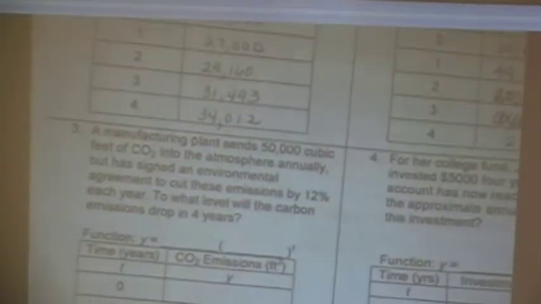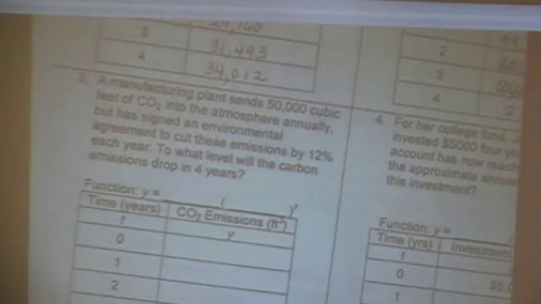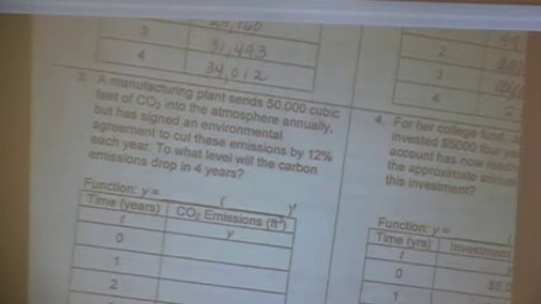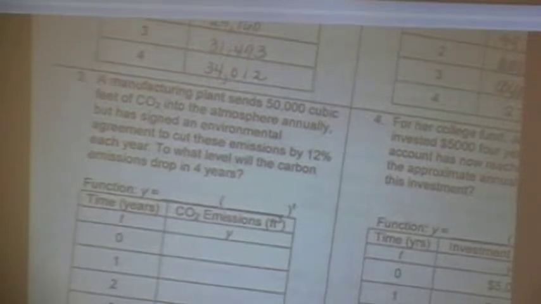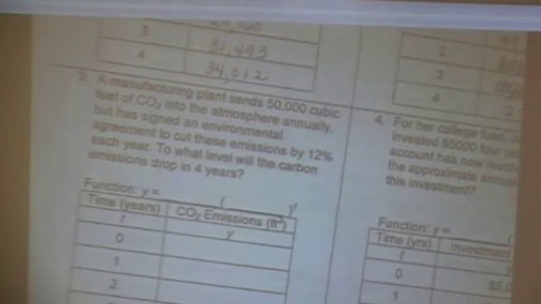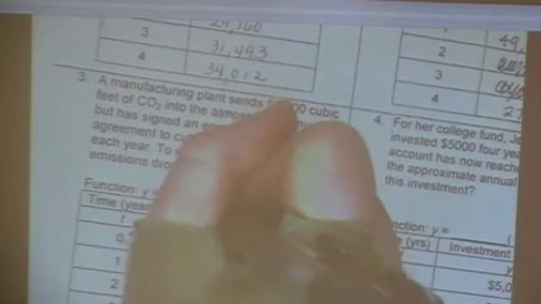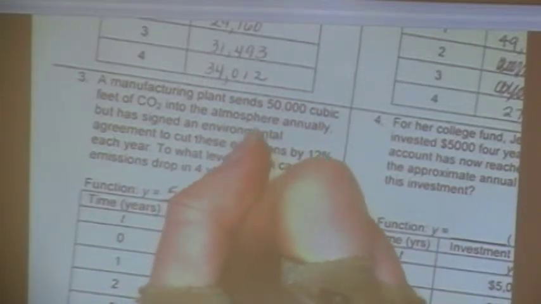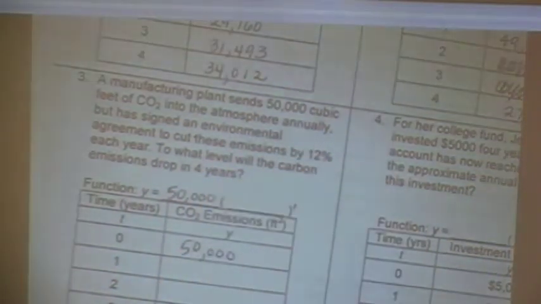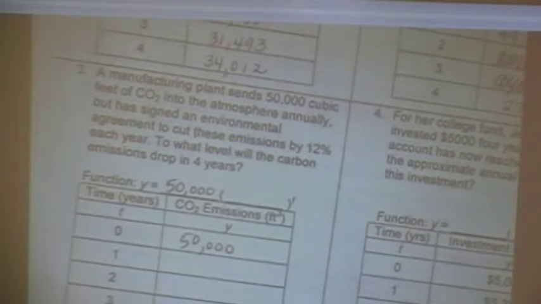Okay, so on problem 3, we have a plant sending 50,000 cubic feet of CO2 into the atmosphere annually. They've signed an environmental agreement to cut their emissions by 12%. To what level will the carbon emissions drop in 4 years? Your A0, or your initial value, is 50,000. Now, is this growth or decay? Good.